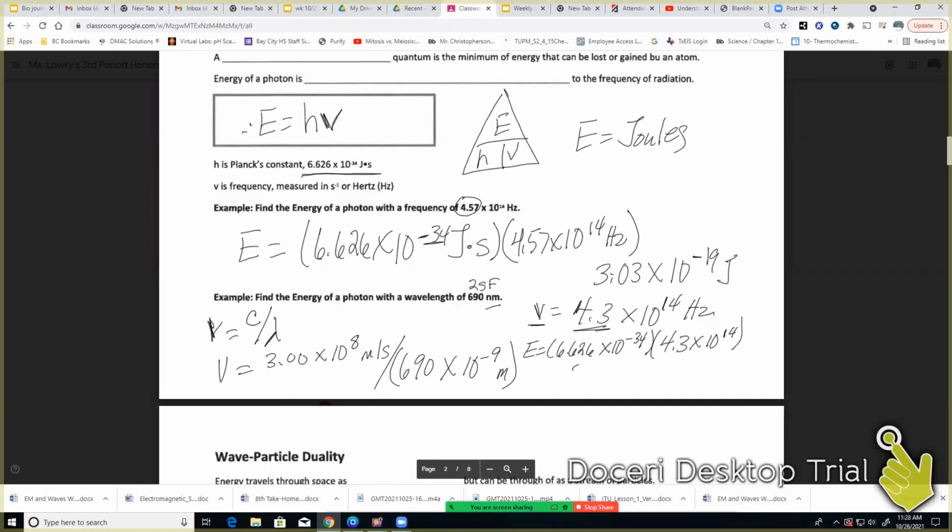We want 2 sig figs, so you would round it to 2.8 times 10 to the negative 19. That's what hopefully you'll get. And since we're trying to find energy, once again, my units are always going to be joules.